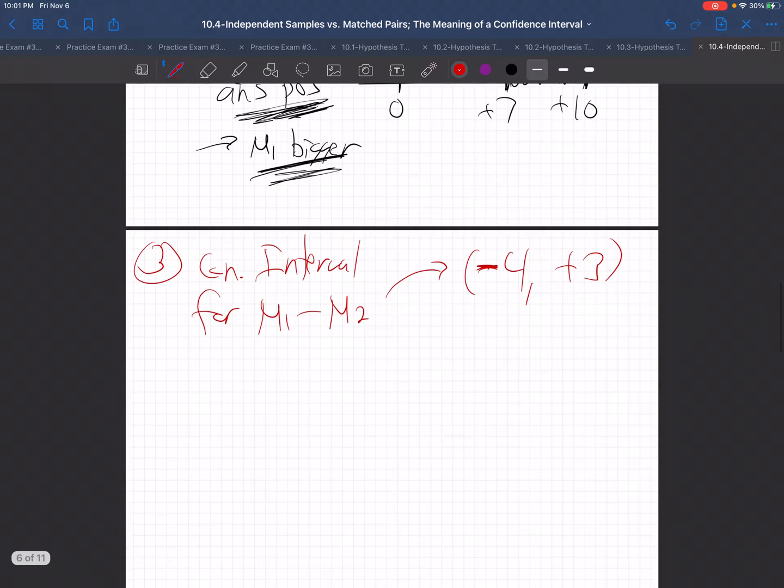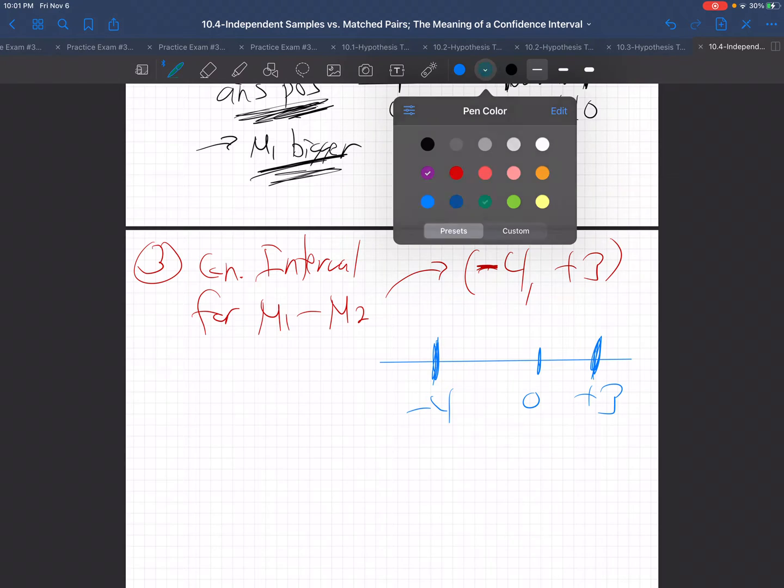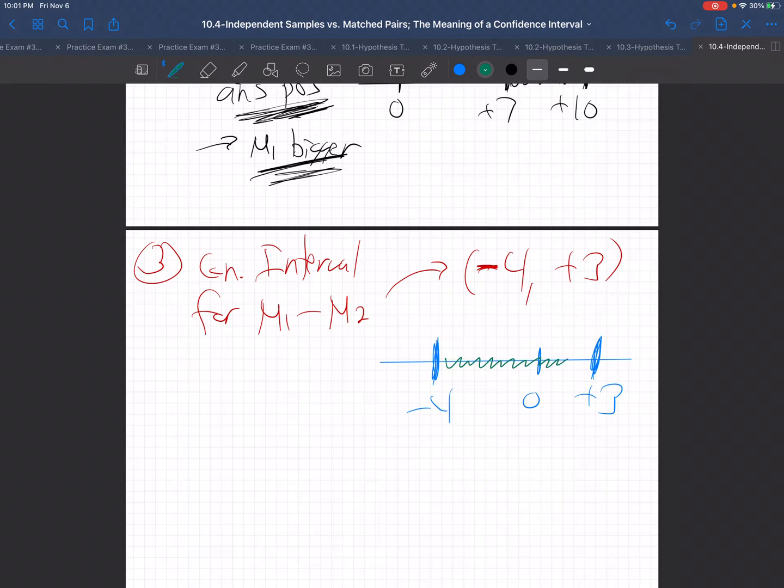Then on a number line, what is that meaning? Here's -4, here's +3, here's 0 right here. What the confidence interval is saying is that the answer to this difference is somewhere. It could be here or here. It could be negative or it could be positive, right? It's somewhere between -4 and +3.